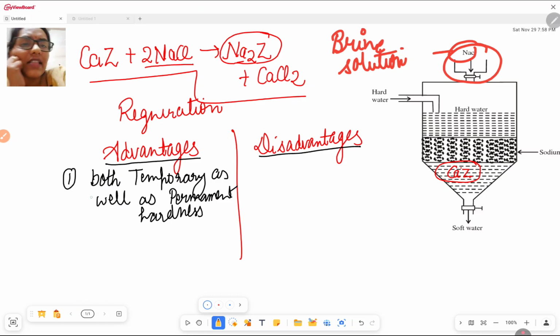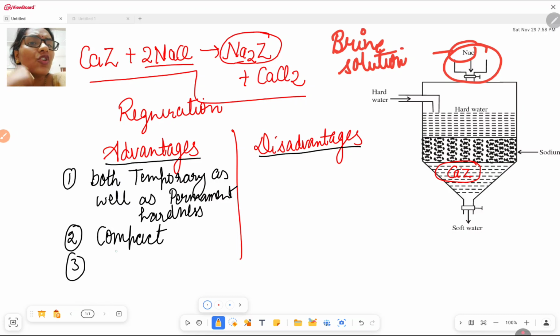And the second point, this equipment is very compact. Third, occupying very less space. That's why it's occupying very less space.